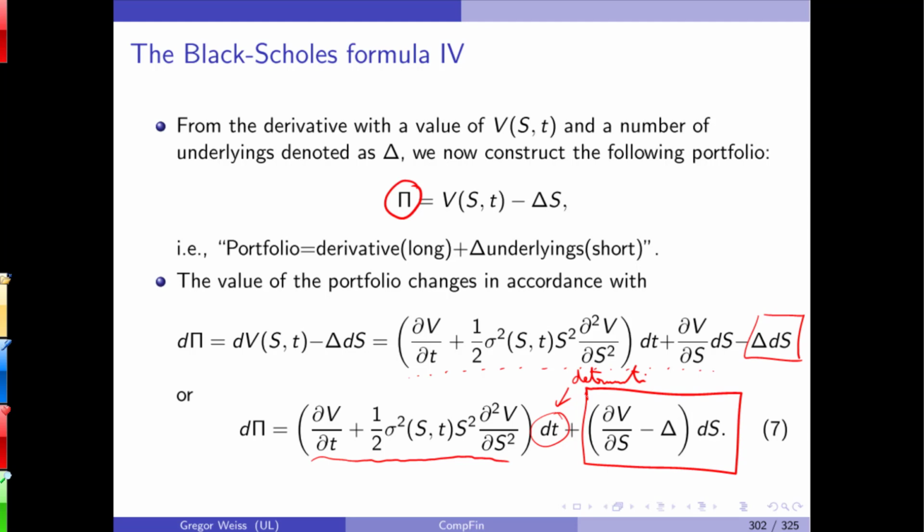The stock price is stochastic. The stock price can change. Time, well, we know how time changes. Tomorrow will be 1 day ahead, not 2 days. So the price of the portfolio becomes deterministic. What does deterministic mean in this sense? If the value of the portfolio becomes deterministic.